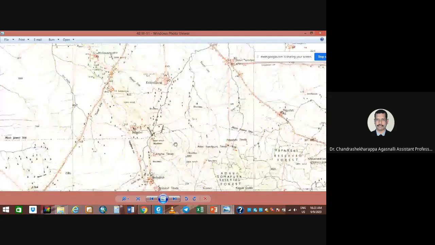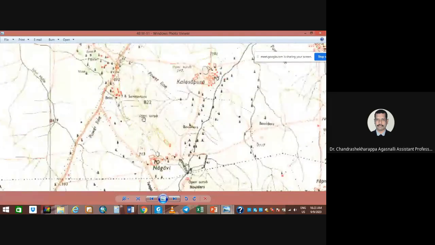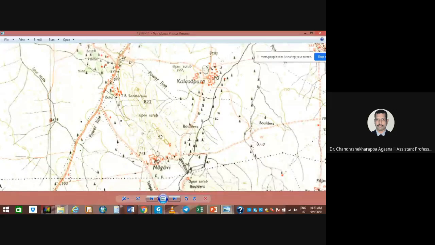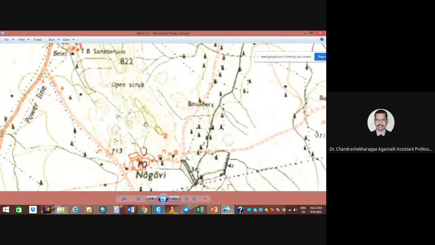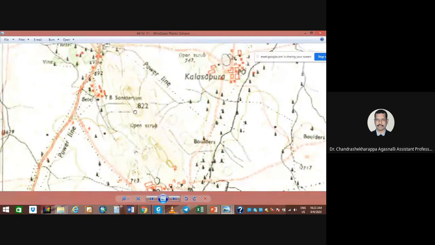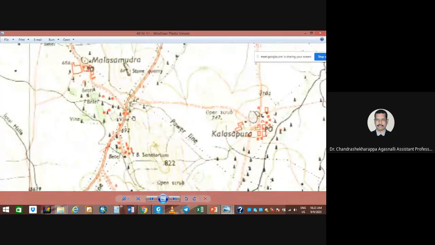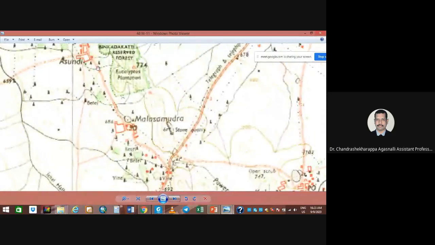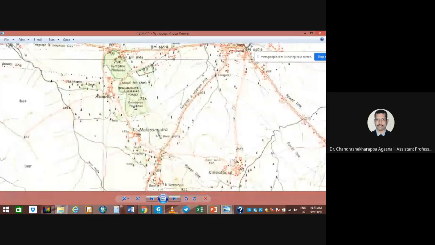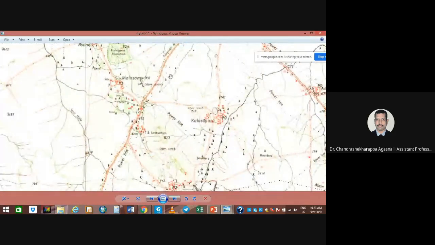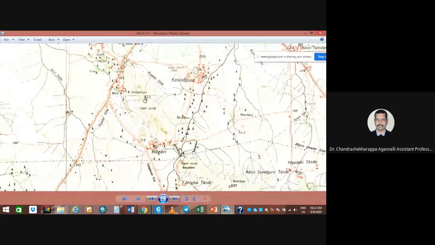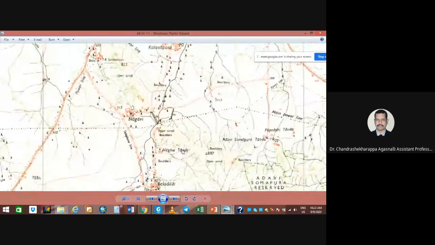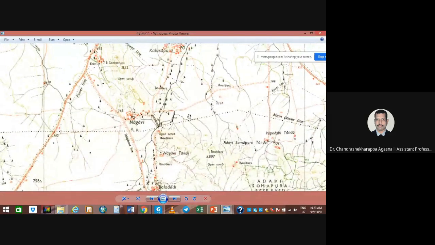Okay, and this mountain, you can see this 822, and this is something 800. Yeah, it's 800, 820, 780 here. And here comes the Malasamudra. Here you can see this is completely ridges, the hill is flowing like this, and the rest of the areas are a little bit flat.